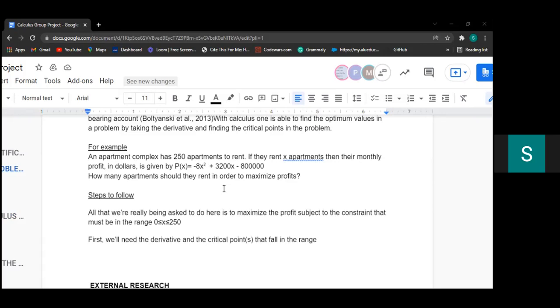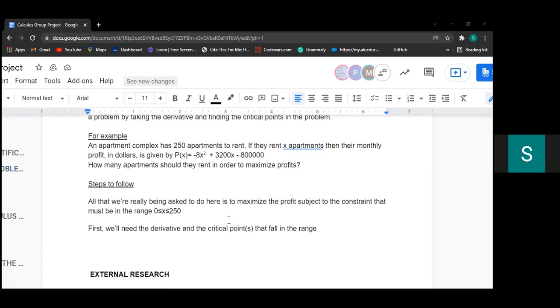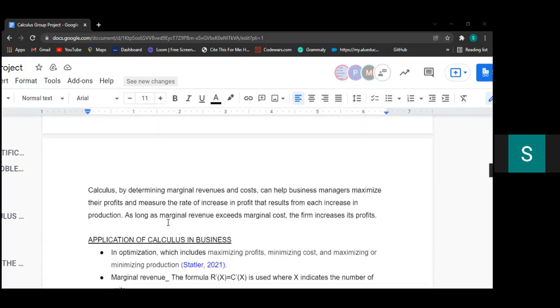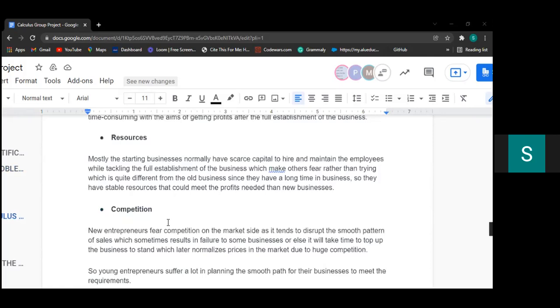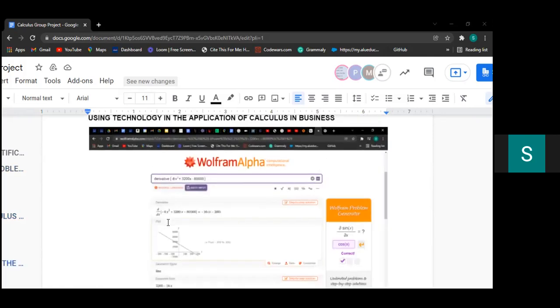The function that is given here, P of X, consists of the expenditure, and the X here stands for the apartments that should be rented out, so that the person can get the specified profit. We'll use Wolfram Alpha as one of our technologies, but there are other technologies as mentioned earlier.